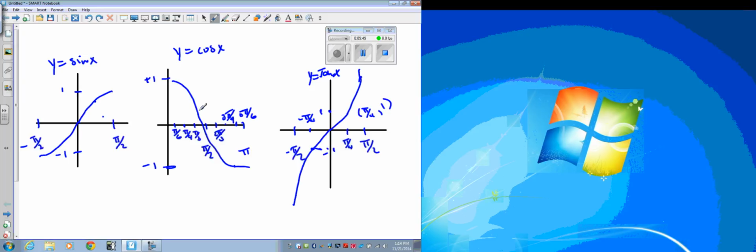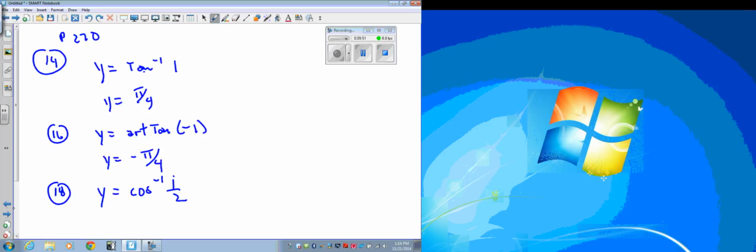Okay. But see, what we're doing here is we're saying the cosine inverse. We want the radian measurement that gives us 1/2. That's pi over 6. Correct? y is pi over 6.